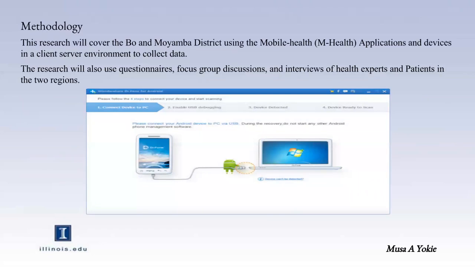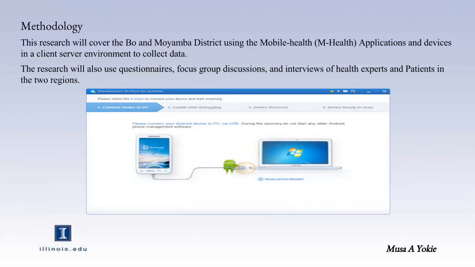And in looking at that method, we have 2 districts of coverage: the Bo district and the Moamba district, all existing in the southern end. One thing we need to make very clear regarding the methodology is that mobile phones are now in widespread use within the country, because it is a low-income country that relies so much on mobiles to make requests for financial support.